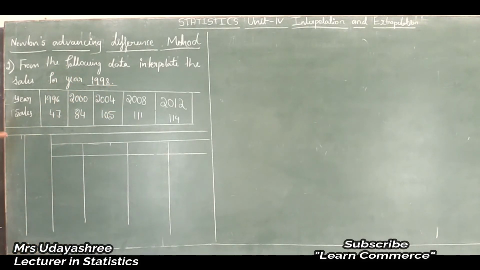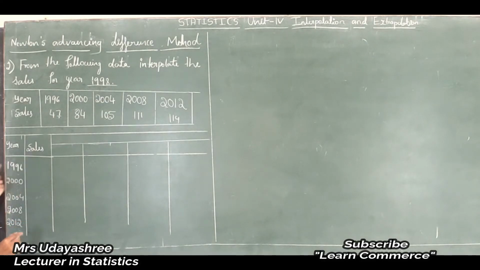To calculate Newton's advancing difference method, we need to find leading difference values. Therefore I will write these observations here. The first column is year, another one is sales. So the years observations are 1996, 2000, 2004, 2008 and 2012.